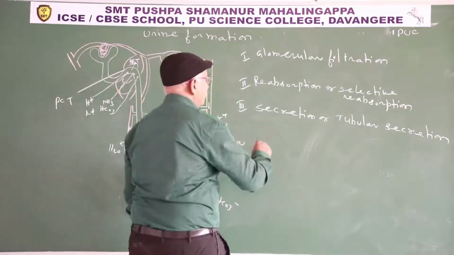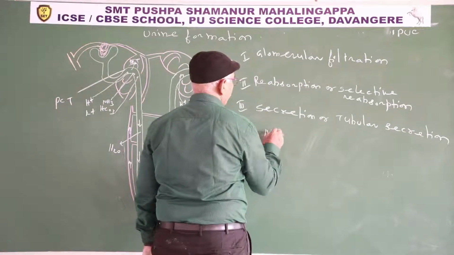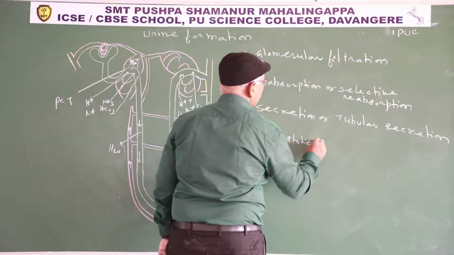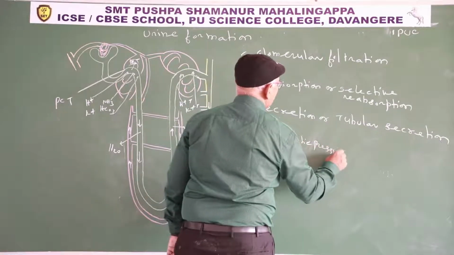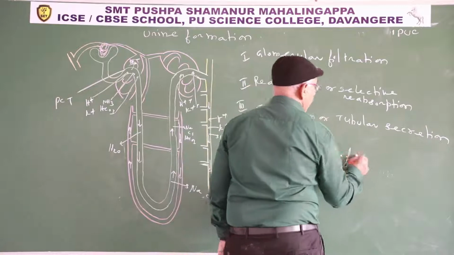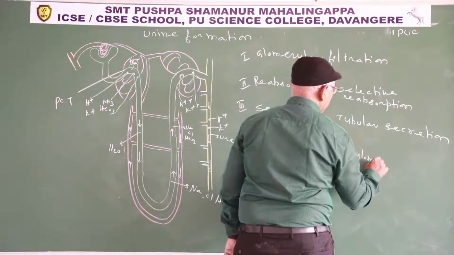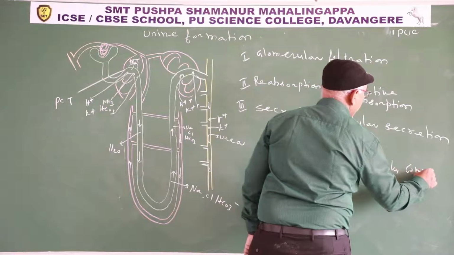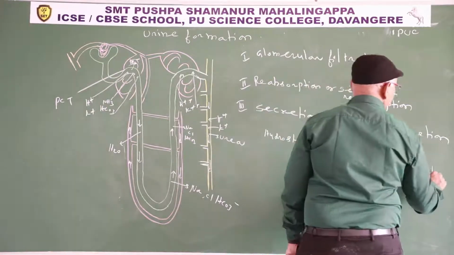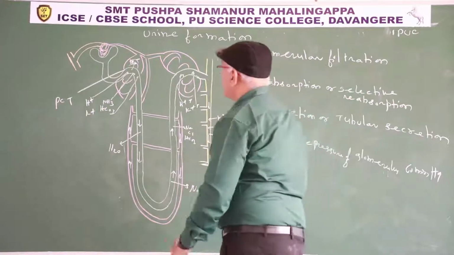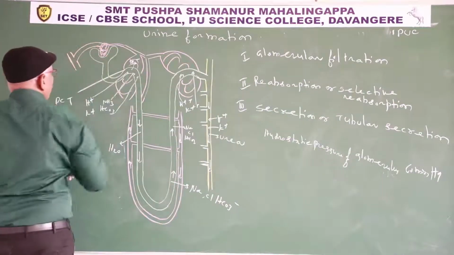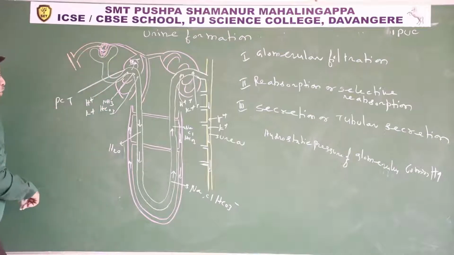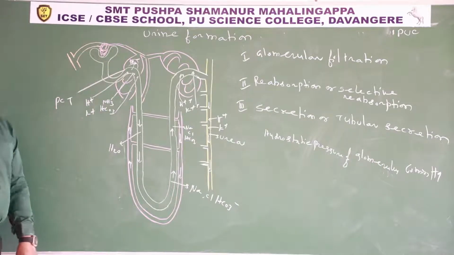Hydrostatic pressure of the glomerulus is 60 mmHg, which means the pressure created by water present in the glomerulus.